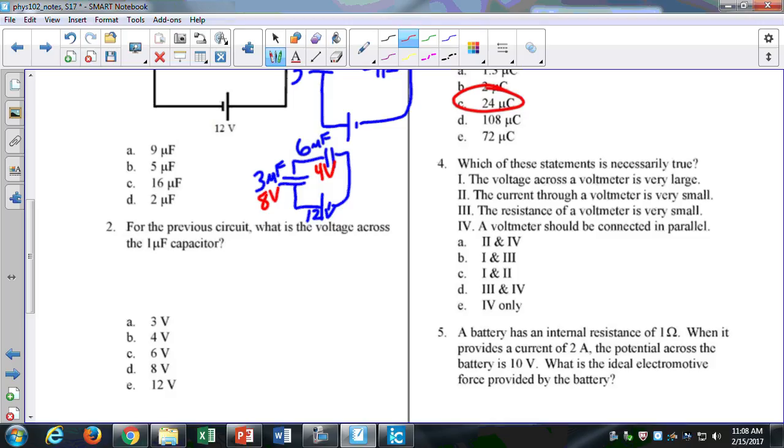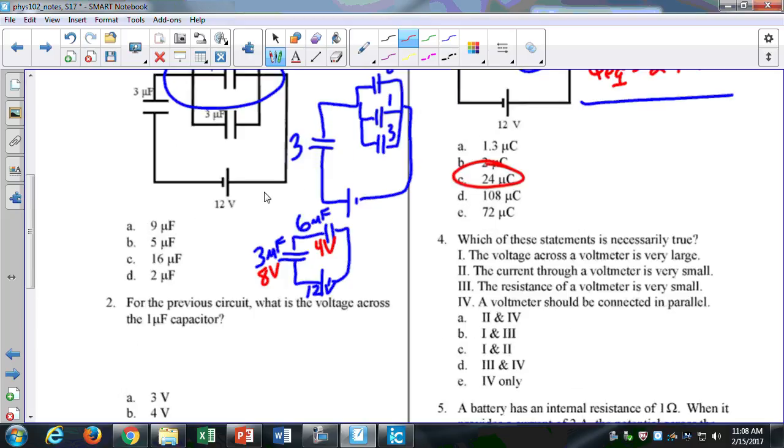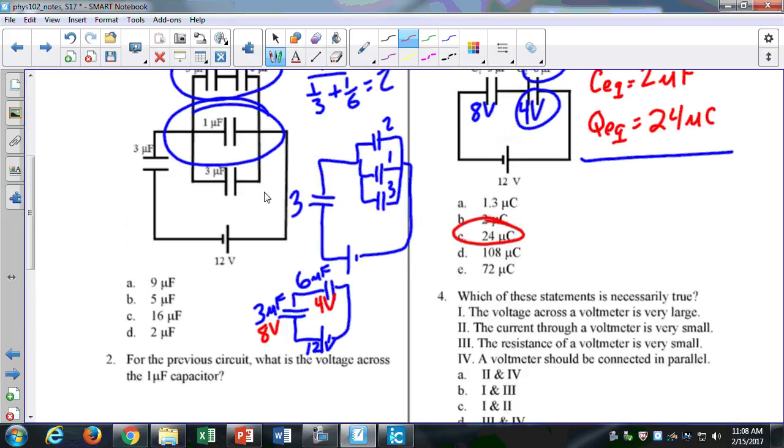All right? So I have 8 volts and 4 volts here. And then, if I have 4 volts across this capacitor, because capacitors in parallel have the same voltage, I know I have 4 volts, 4 volts, and 4 volts here.